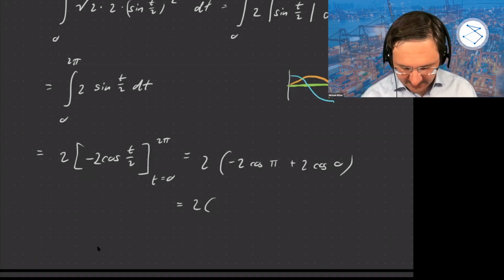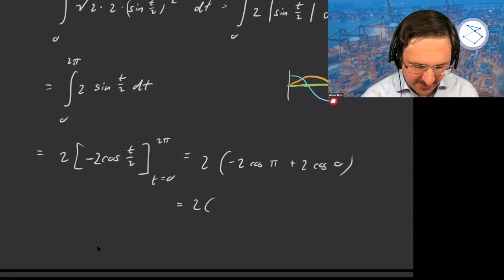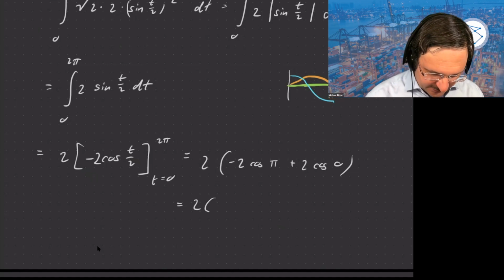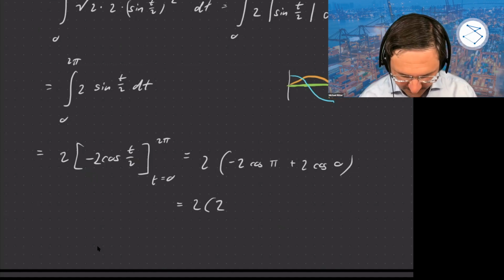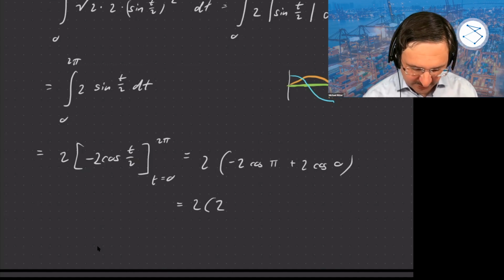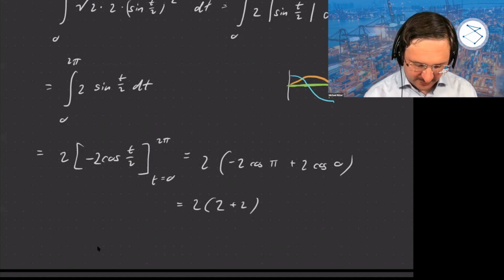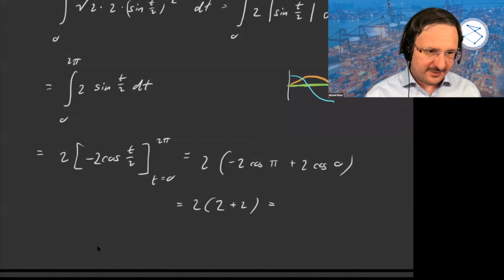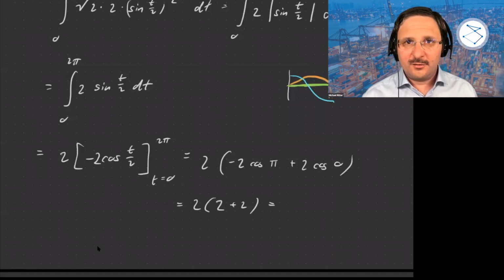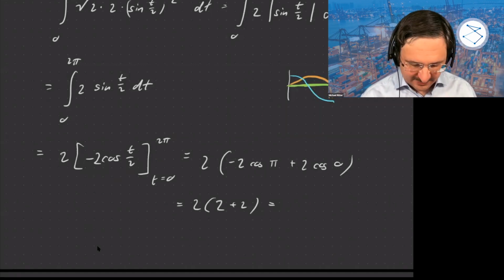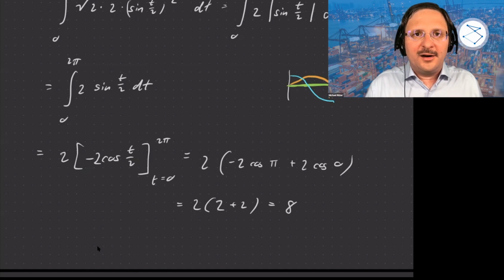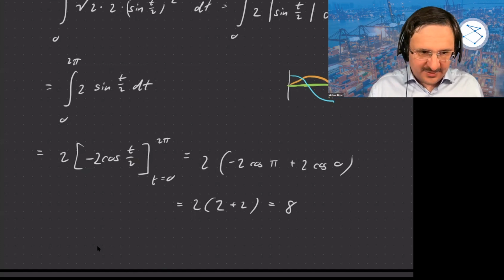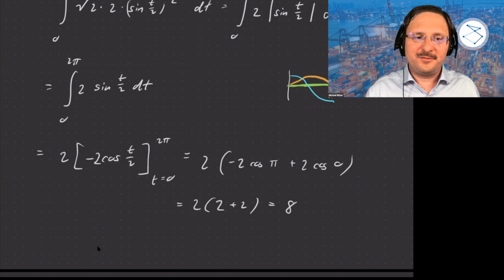So cosine of pi is minus 1. So what we get here is minus 2 times minus 1, that's plus 2. And the cosine of 0 is 1, so we get plus 2 times 1. So what we have is 2 plus 2 times 2, and that's 2 times 4. So the final result is 8. Okay, so that's the length of that curve here.